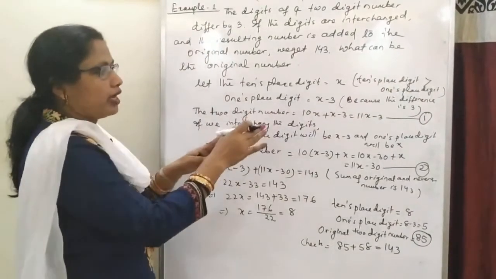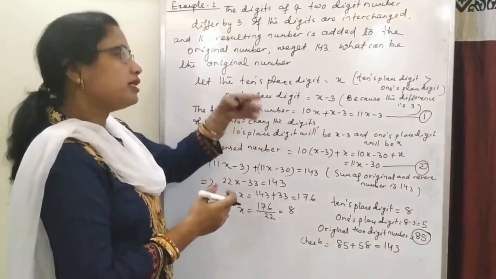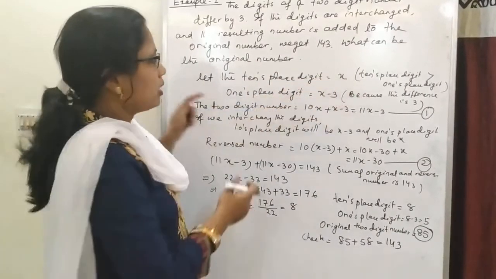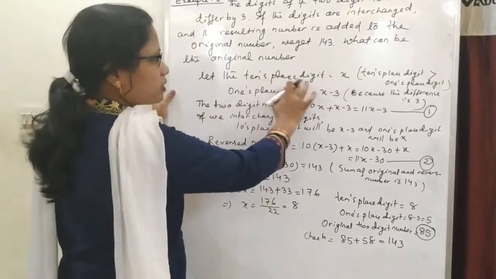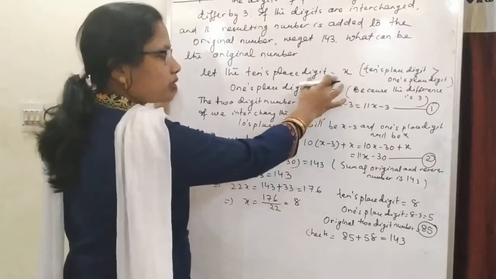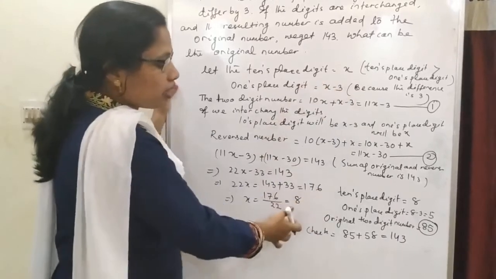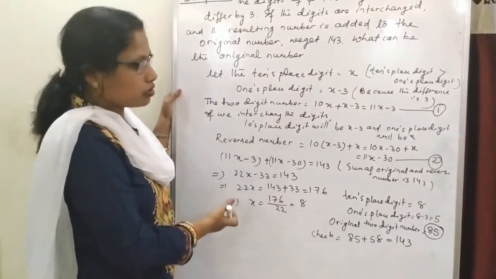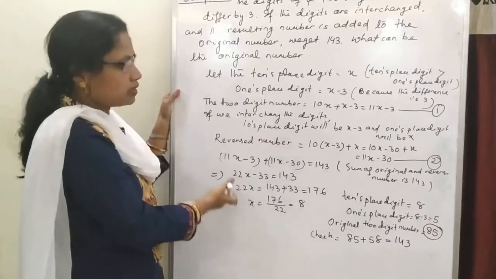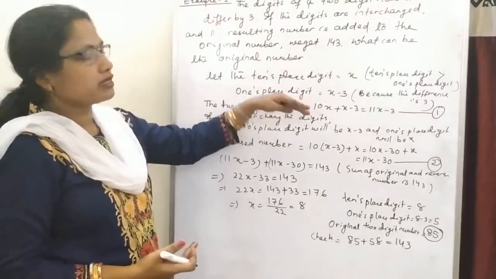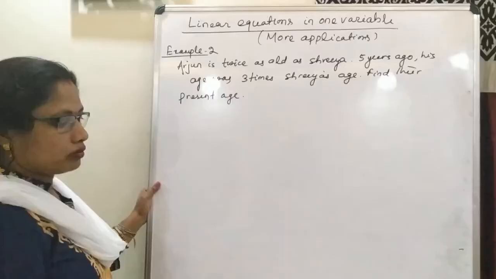You can also take the ones place digit as greater than the tens place digit. If the ones place digit is greater, then if the tens place digit is x, the ones place digit will be x plus 3. Then the answer will be 58. So you can try this also by taking this procedure.